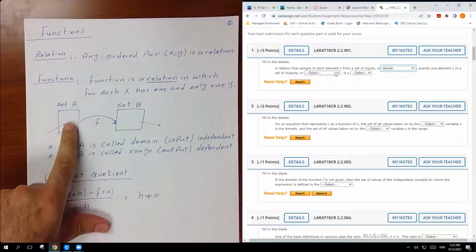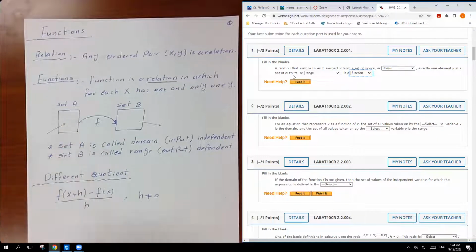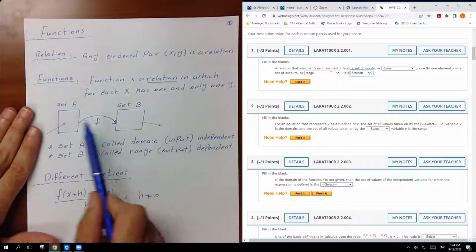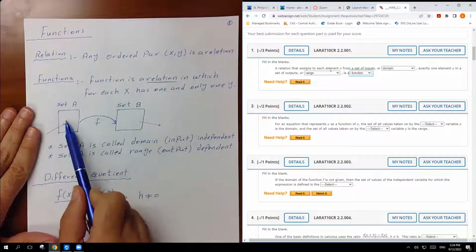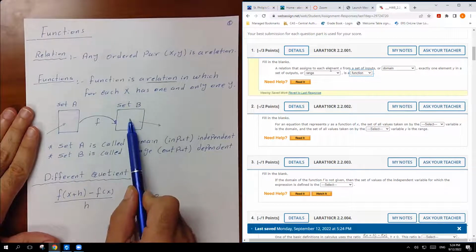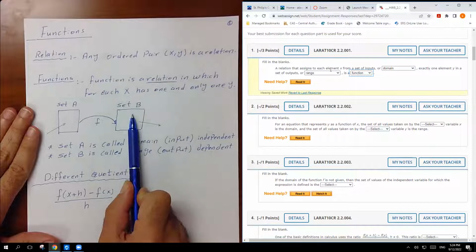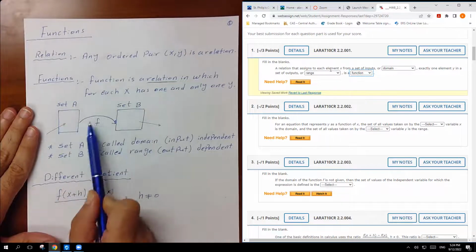The output, the y, is the range. And this one is called the function: a relation that assigns each element x from the domain to an element y from the range. x, y.